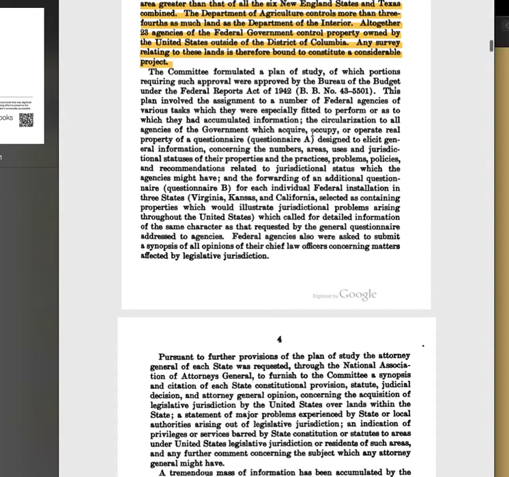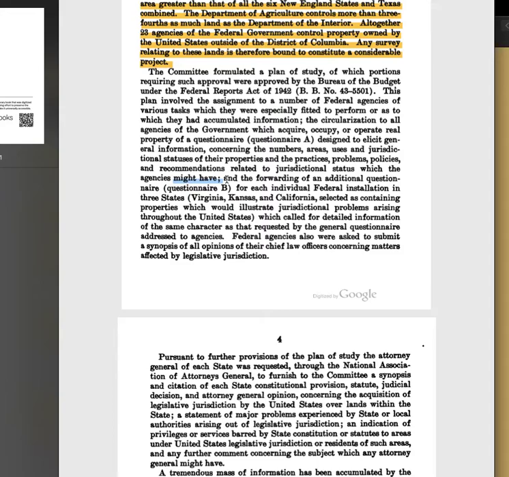Okay, so let's move on. Jurisdictional status, which the agencies might have. It's not even saying they actually have it. It's saying they might have it. And the agencies have created a lot of corporations, organizations, such and such, to do things outside the Constitution.